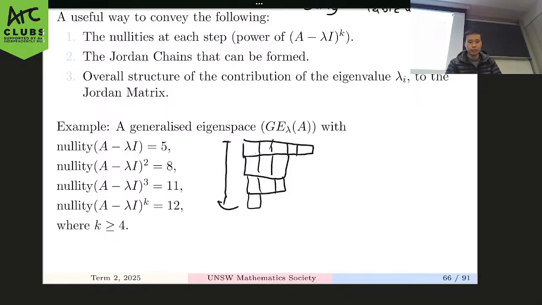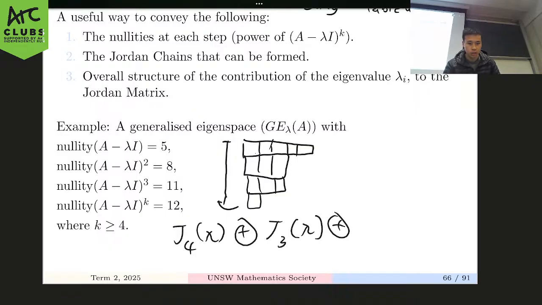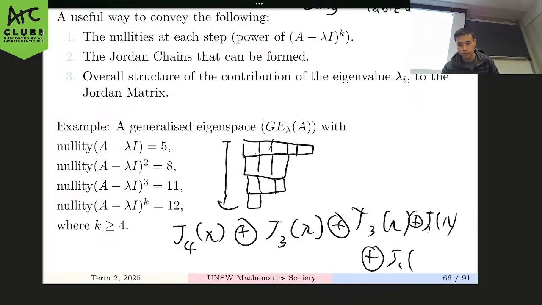That first one has 4 blocks, so it's going to be a block of 4 of whatever eigenvalue you have, and a direct sum of your next ones: J3(lambda) plus J3 again, plus just a bunch of 1s.